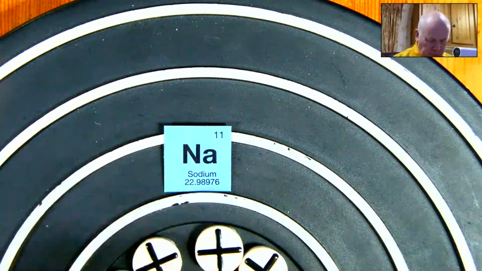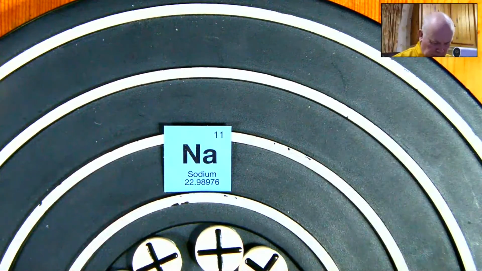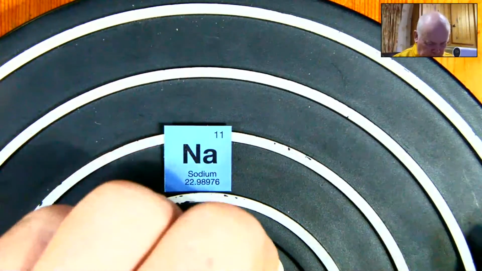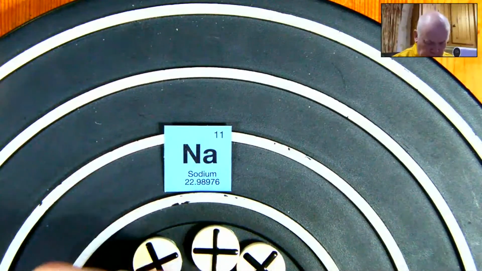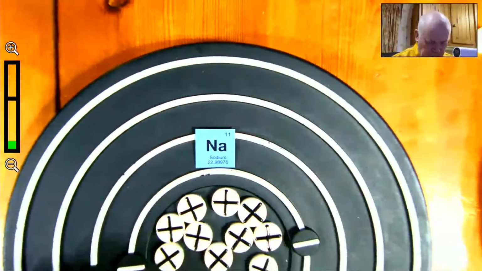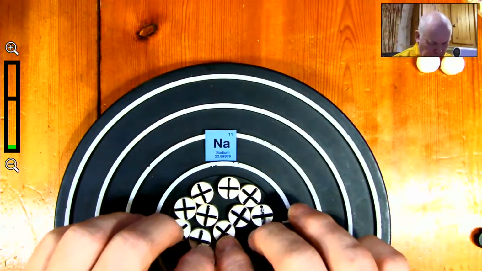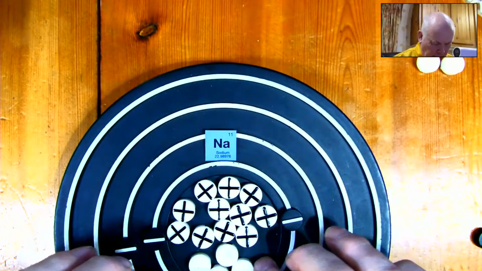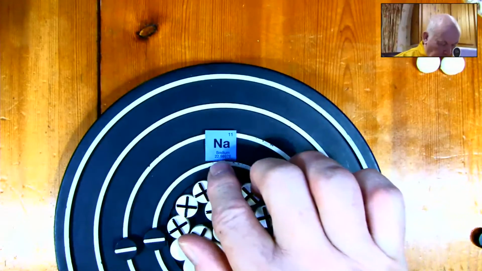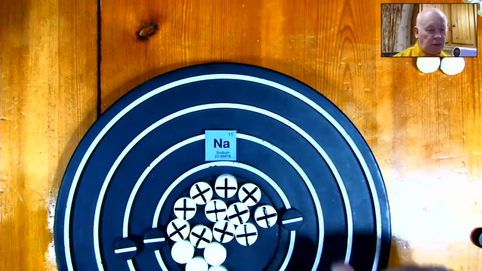So I've got 3, 6, 7, 8, 9, 10, 11, and the number here is going to be 23.